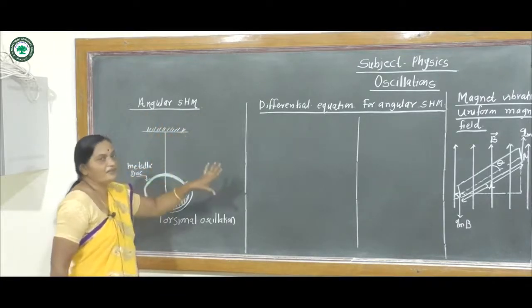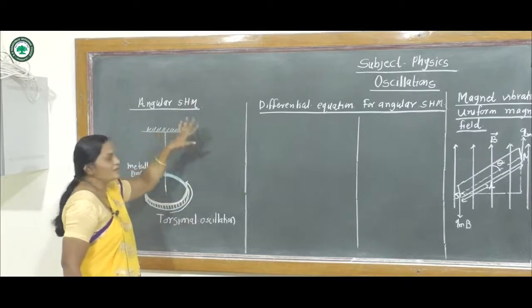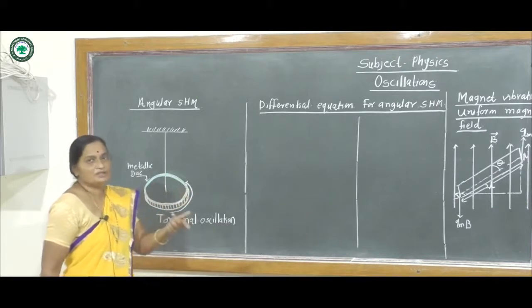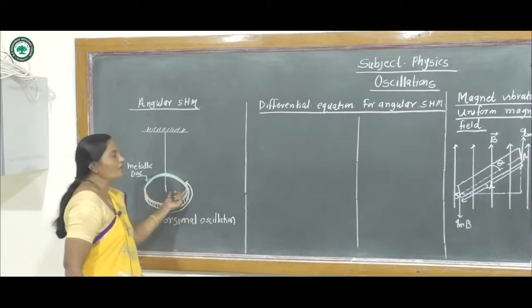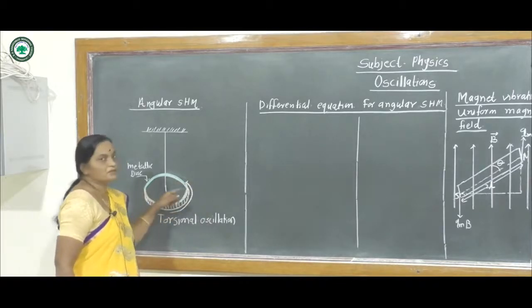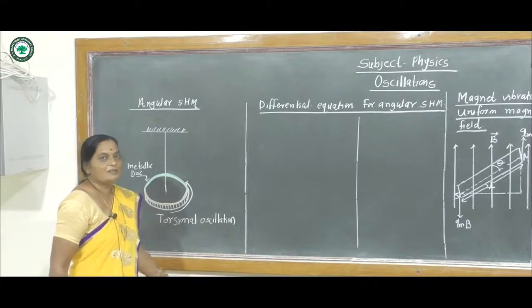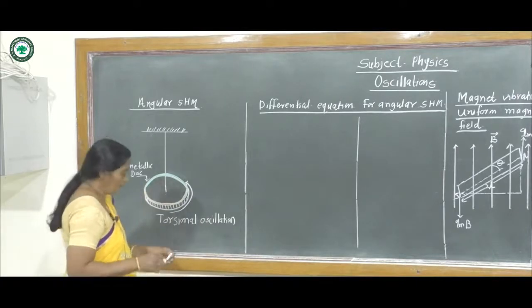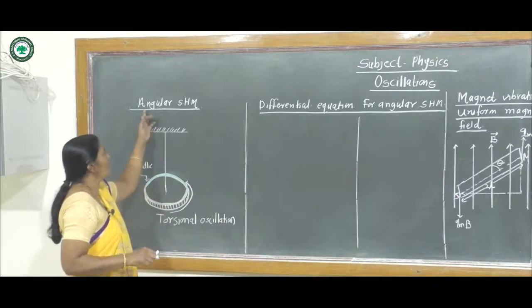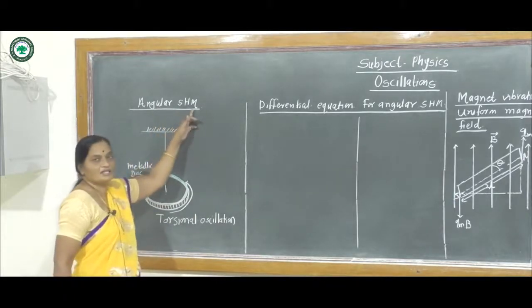Thus, we can define angular simple harmonic motion. In rotational motion, we see that torque is acting on this disc and this torque is directed towards the mean position. Hence, we can say that the disc performs angular simple harmonic motion.